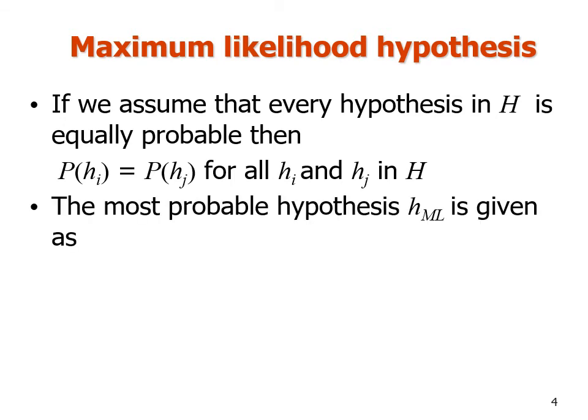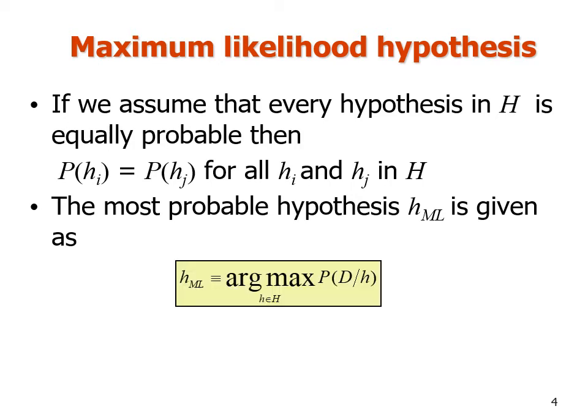Here we can further simplify our expression for H map, and we can write a new expression: HML is equal to arg max over all hypotheses that belong to the capital H, that is the hypothesis space, of P of D given H. Here we are using only one term, probability of D given H, to find the most probable hypothesis.